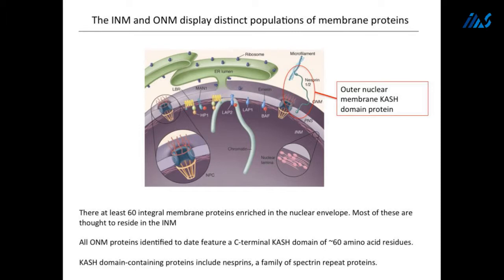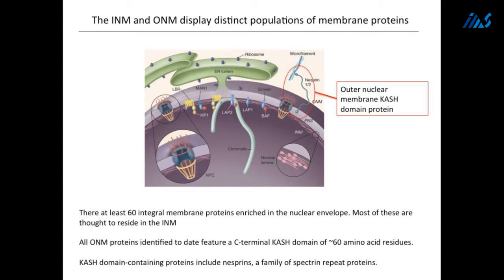So we know from Larry Gerace's work and Eric Schirmer's in particular that there are at least 60 or so integral membrane proteins within the nuclear membranes, and several of them, we now know, reside out here in the outer nuclear membrane.